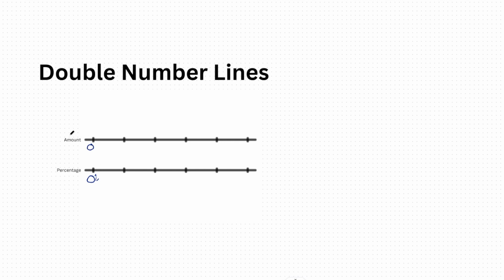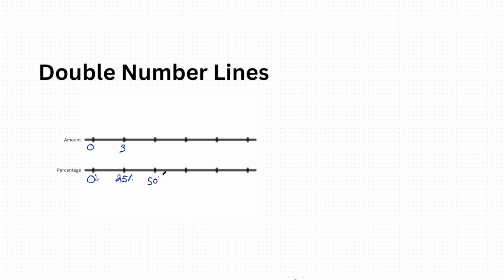Now, I'm going to just use some random numbers here. Let's say 25% is the number 3. So from 0 to 3, that's going from 0 to 25%. Now the next percentage is going to be 50%. I'm going to double it.